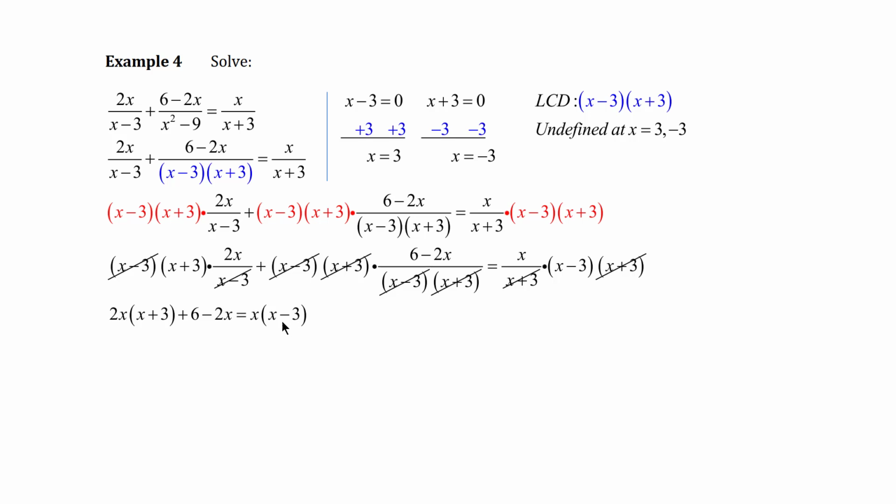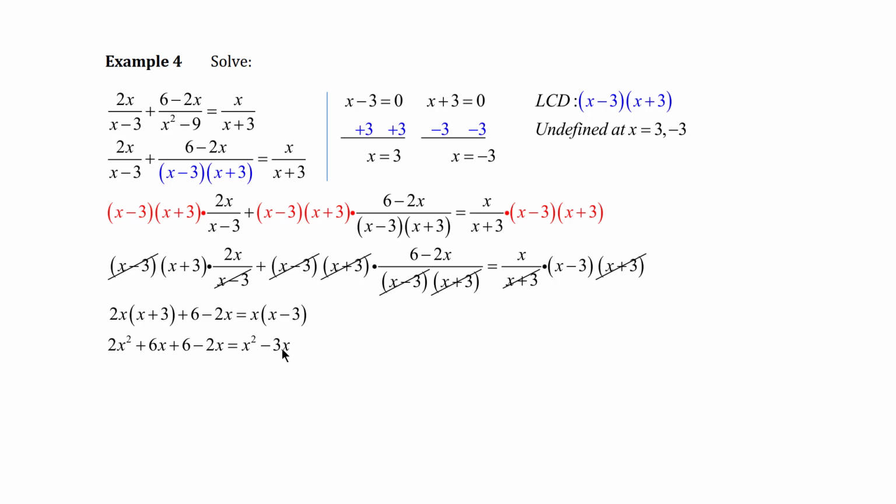Next, we distribute the 2x inside the parentheses to the x plus 3, and we distribute the x inside the parentheses to the x minus 3, as well as bring down the other terms. The result is 2x squared plus 6x plus 6 minus 2x equals x squared minus 3x.